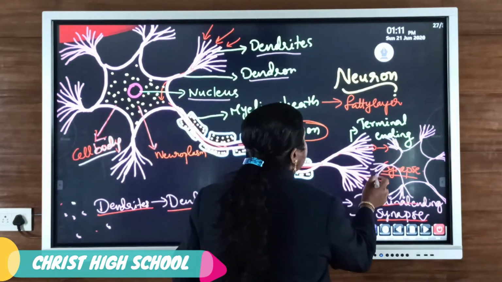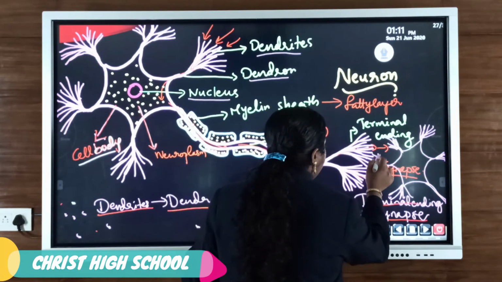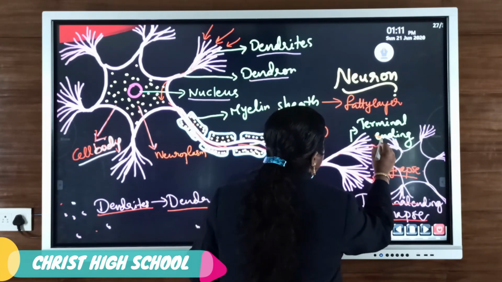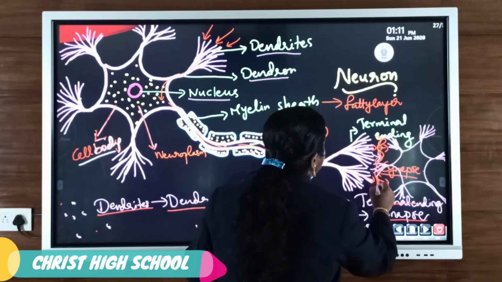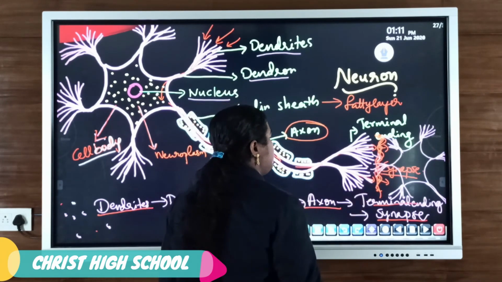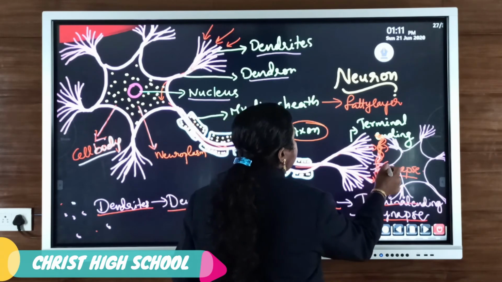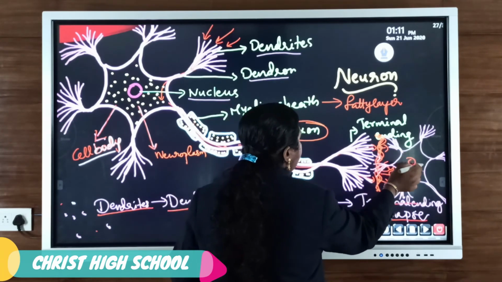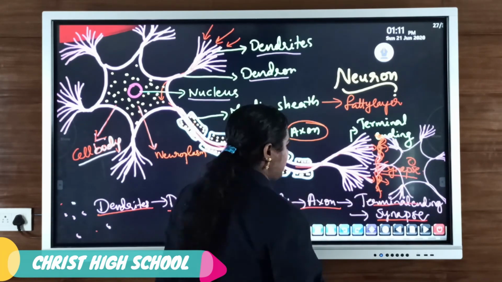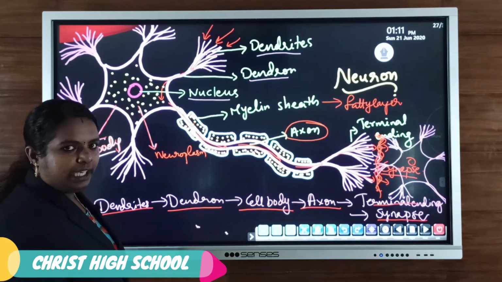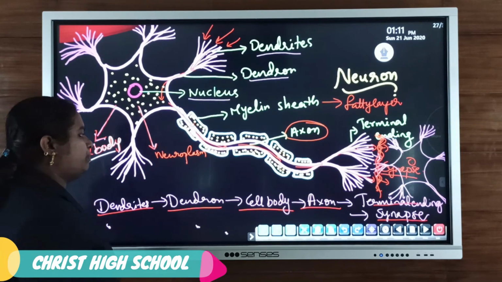From this neuron, the nerve impulse reaches the synaptic region, the gap between two neurons. From this synapse, the dendrite of the second neuron collects information and transmits it to its cell body, and like this the transmission of impulse continues.